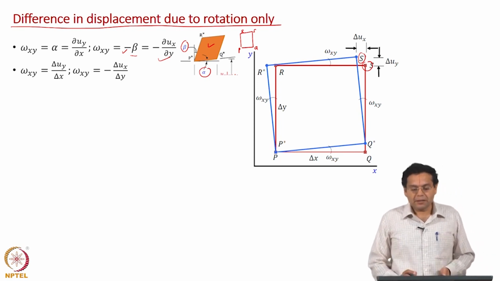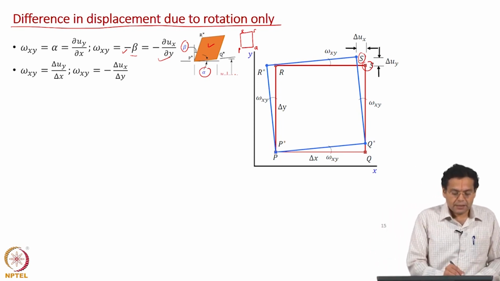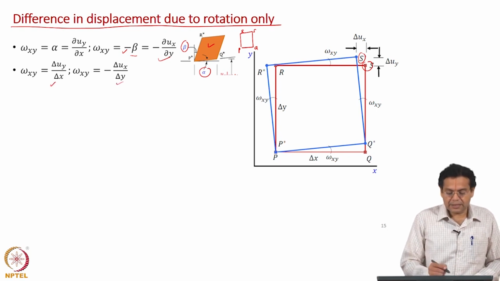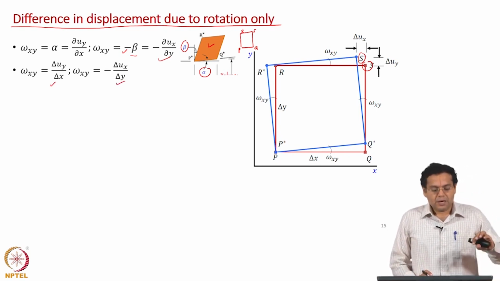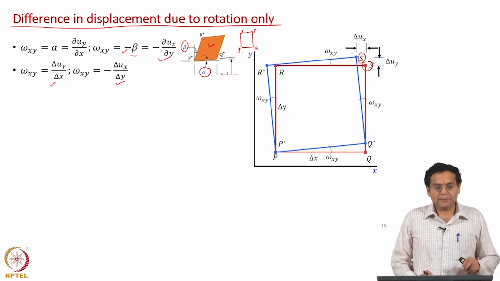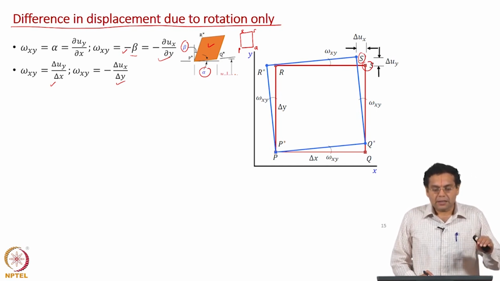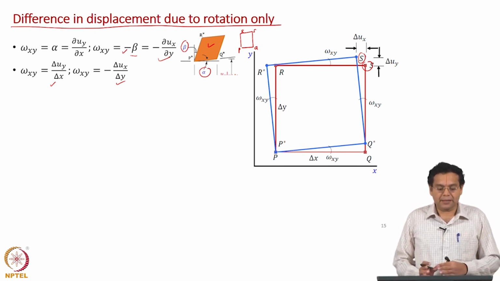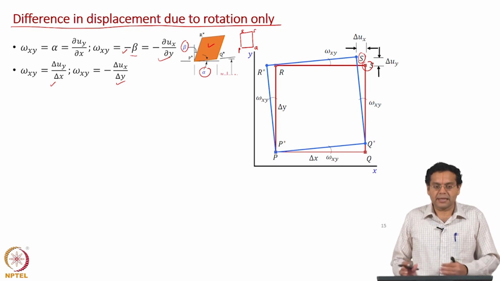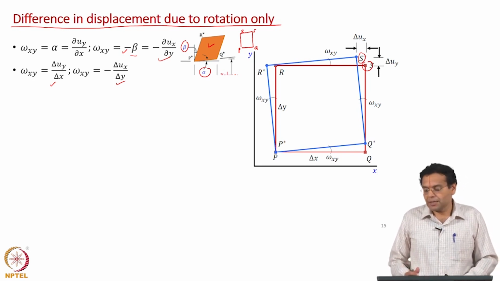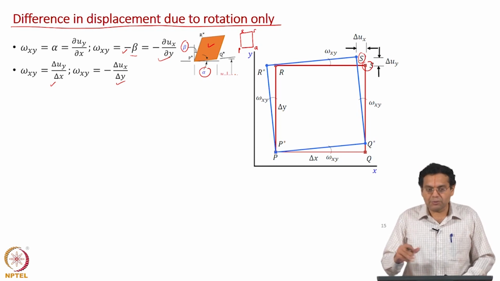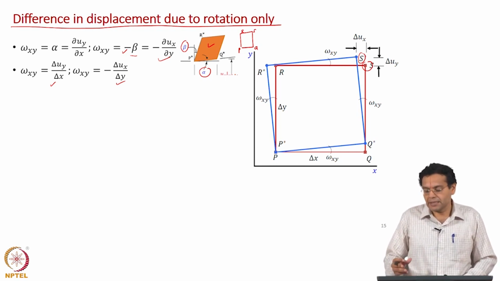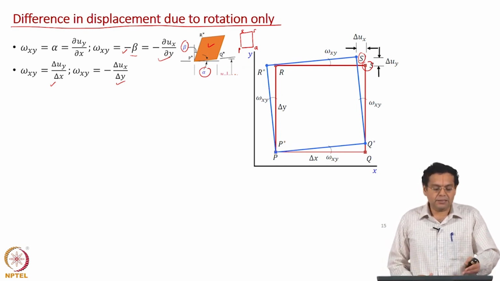Is it okay? Now, these relationships, what do they tell you? Omega xy is a rotation and that is related to difference in y displacement for particles separated along the x axis by delta x. That is what we have here, P and then S. Once again there is no displacement of P, and so we can apply this relationship for the present case for difference in displacement between P and S. Similarly, what does the second expression tell you?